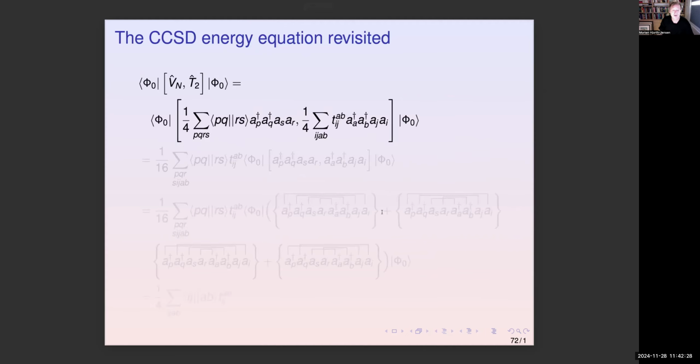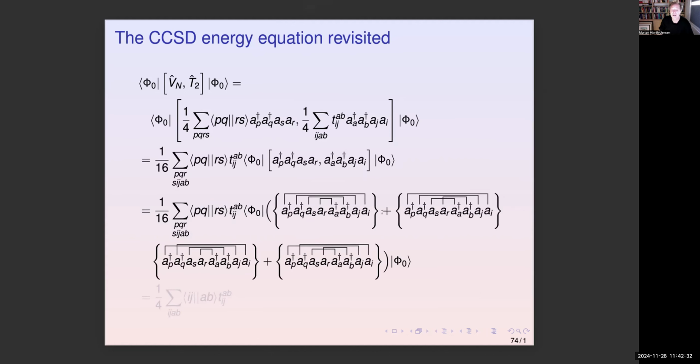If I then continue and do all the algebra here, I get this specific term, which is the one we have seen before. So we get this VNT2 here. We plug in the Hamiltonian operator, we plug in the two-particle, two-hole operator, and then simply perform all the possible contractions using Wick's theorem. And when we do that, we end up with an equation which we have seen before.